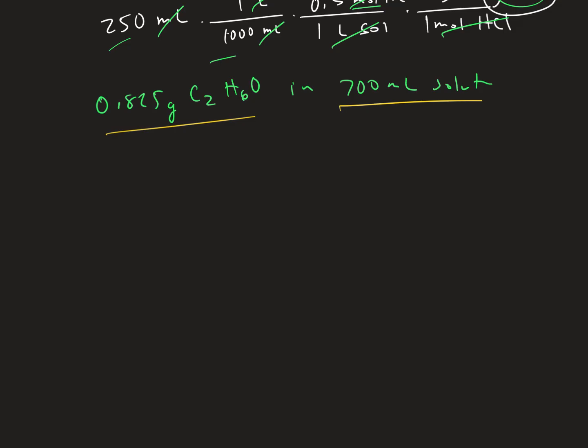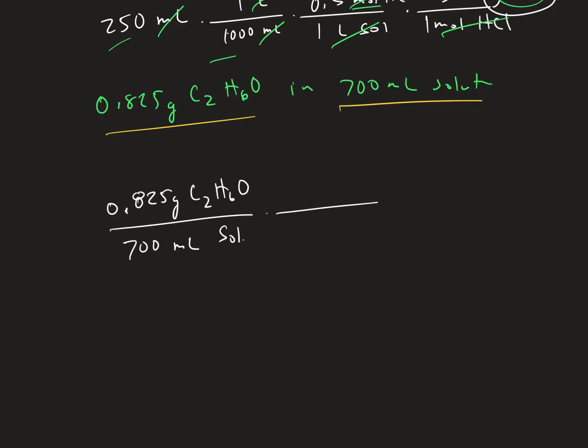Do you want to do one dimensional analysis problem? Yeah. Or break it up? Okay, so we're going to start with our solute on top. Our solution on bottom, not our solvent. And now what?